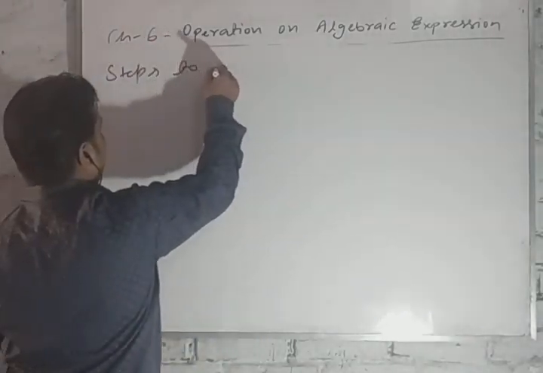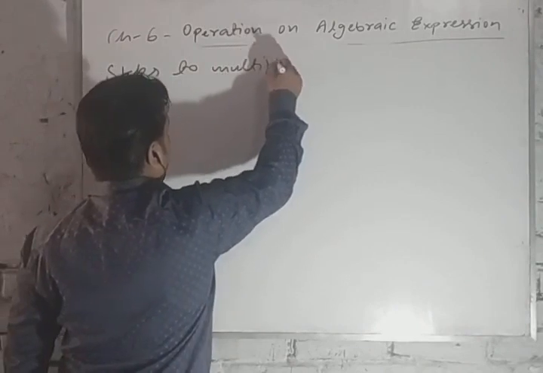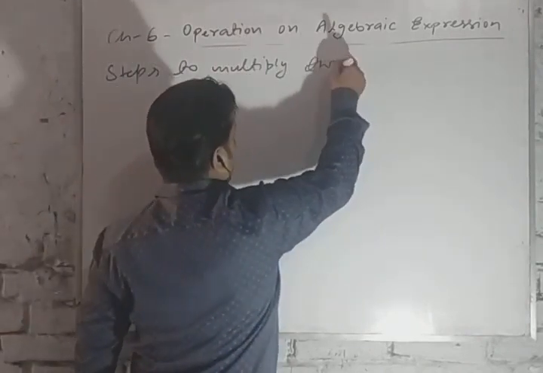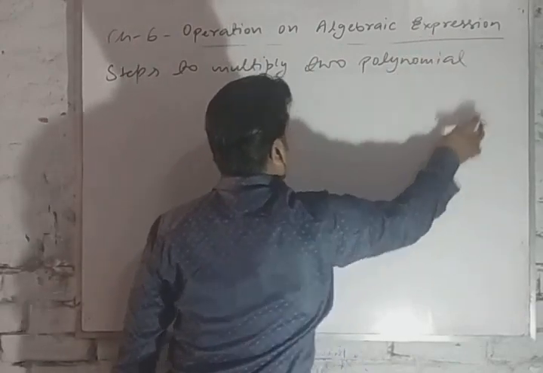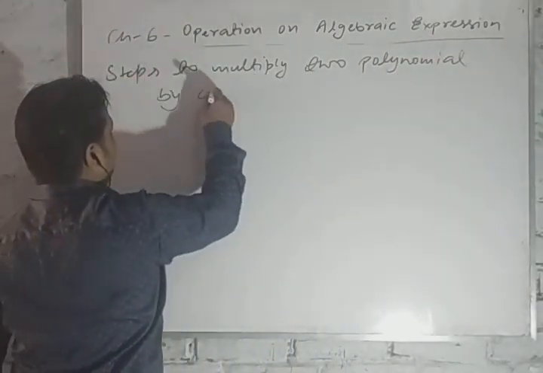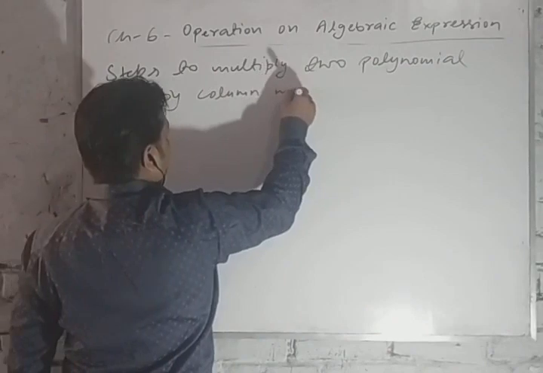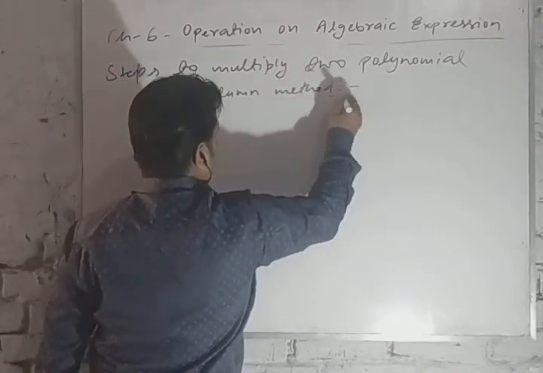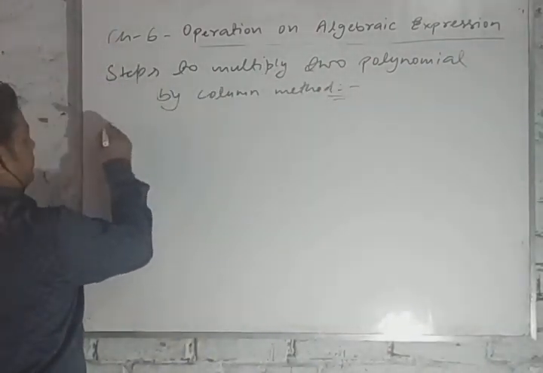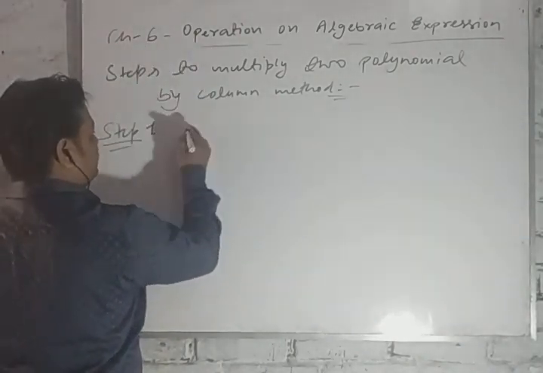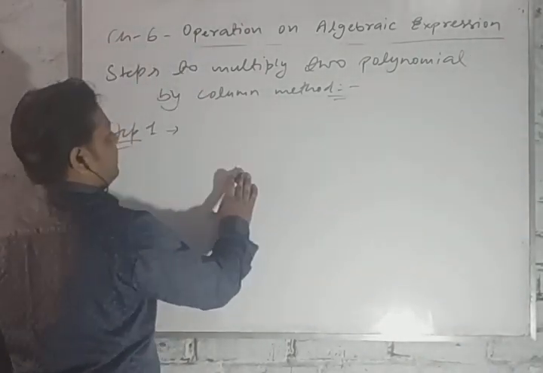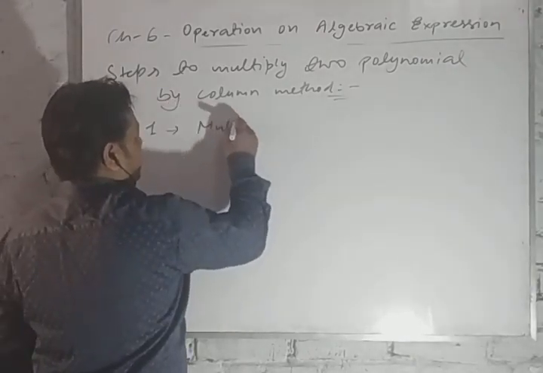Steps to multiply two polynomials by the column method. Step 1: Multiply.